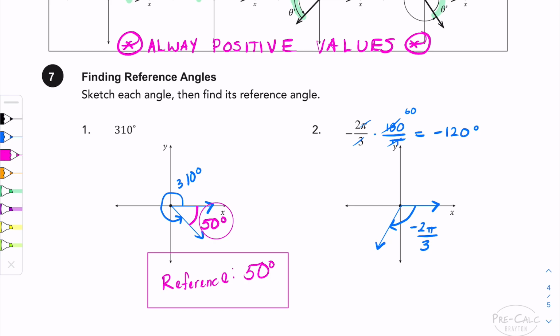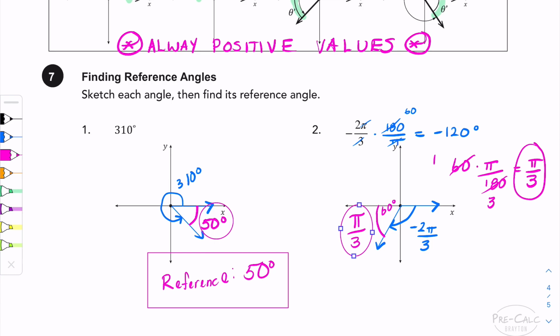So our reference angle is going to be this angle that returns back to the negative x-axis, which I know for the time being is 60 degrees, but I need to convert 60 degrees back to radians for my final answer. When I do that, my solution is pi over 3. And that there is my final answer.